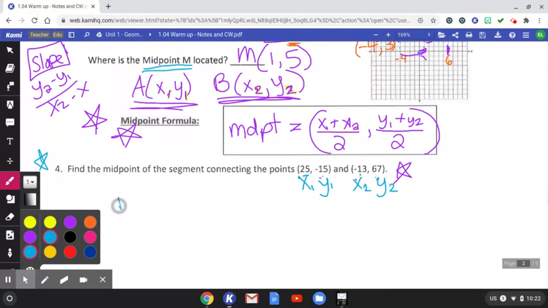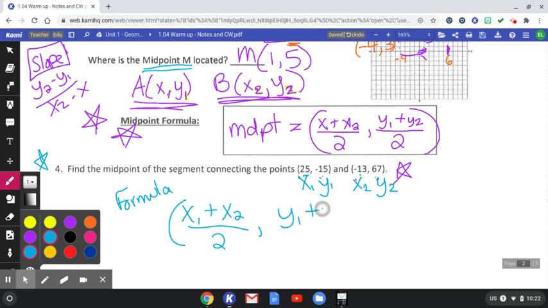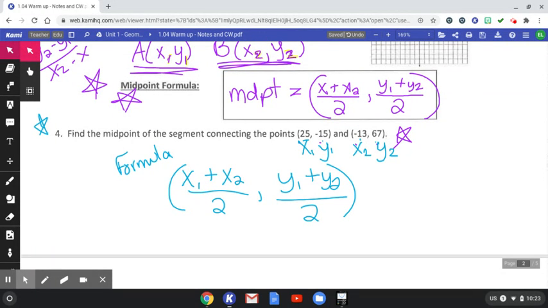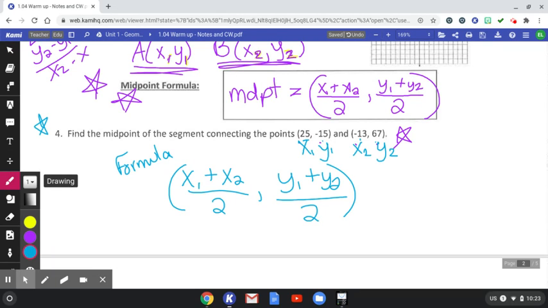So we're going to start with the formula. Reads x1 plus x2, divide them by 2. Then we're going to take the y1 value plus the y2 value, take that sum, and divide by 2. So it's important that we're careful putting these into our calculator, and I'll show you that in a second. But our substitution is going to go like this.